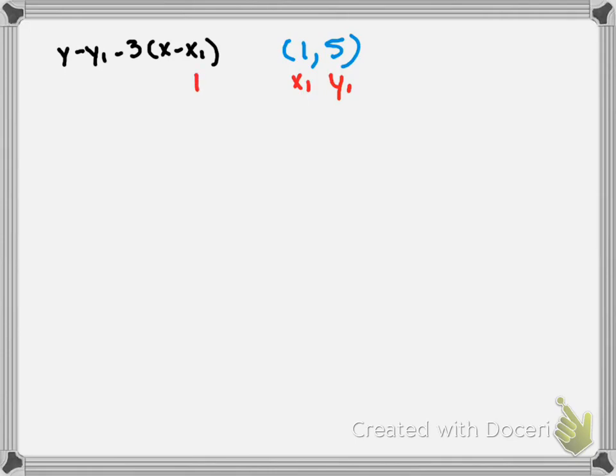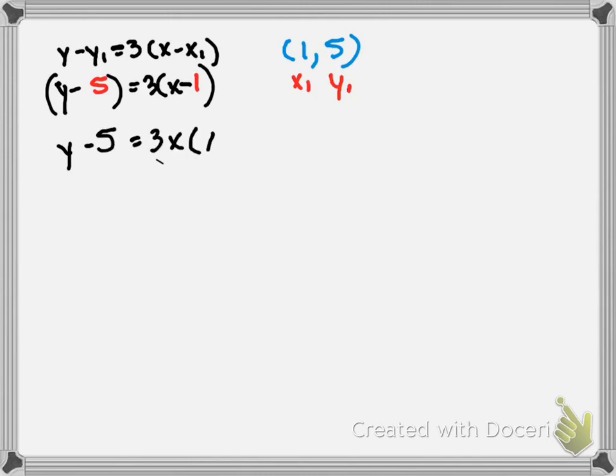I'm sorry, this should be an equal sign. That's totally a typo. So I have y minus 5 is equal to 3 times the quantity x minus 1.